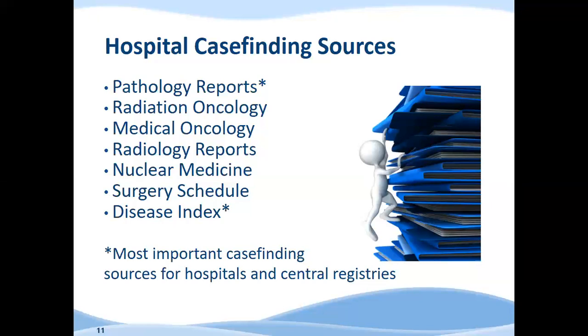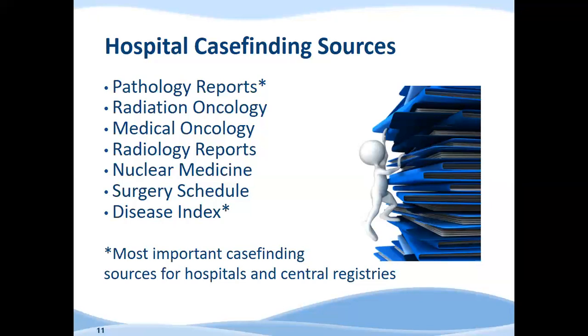Surgery schedules and reports can be used as sources to identify port placements or seed implants for prostate cancers. Logs for cancer-specific outpatient areas or clinics, such as chemotherapy clinics, are important to include in your case finding procedures as well.